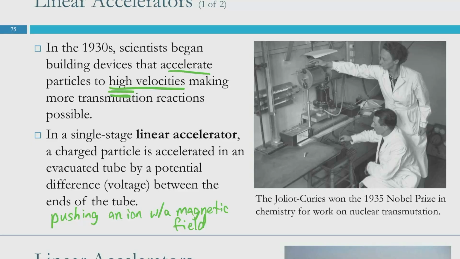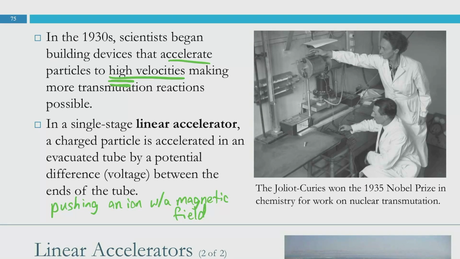So you generate a charged particle, and then you apply a really large magnetic field behind it to basically shoot it like a bullet in this linear accelerator. And since it's a single stage, you just accelerate it one time. You might also have the opposite magnetic field on the other side, so you're pushing it away at the same time that you're pulling it from the other side.